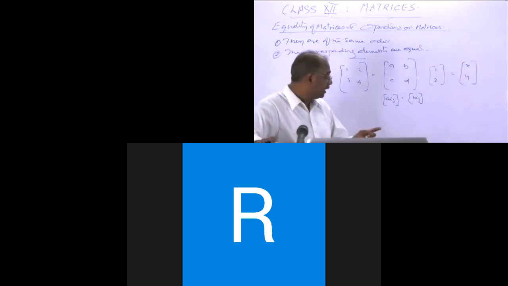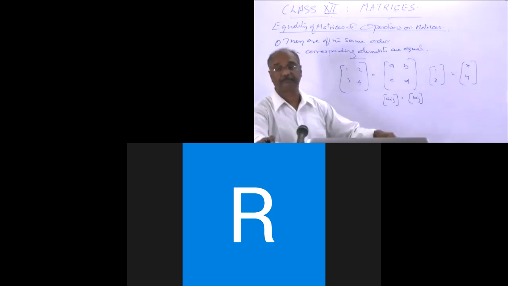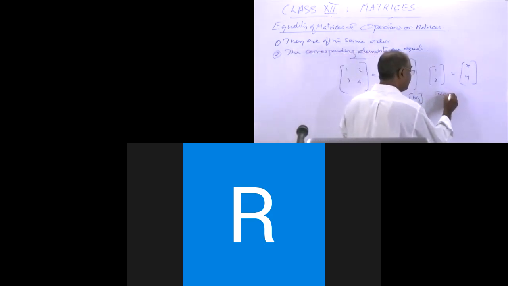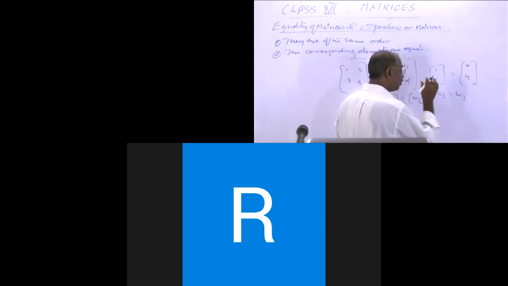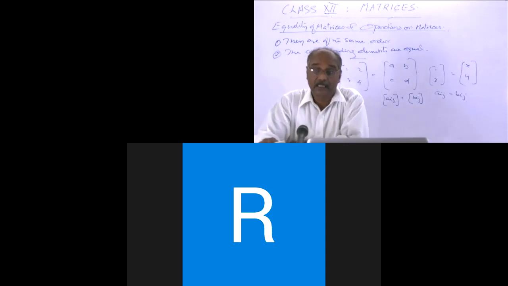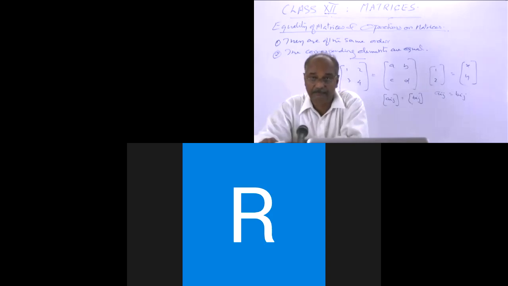That means A11 equals B11, A12 equals B12, and so on. Then only these two matrices are equal. So that is the definition of the equality of matrices.